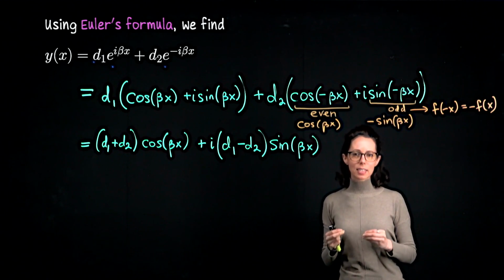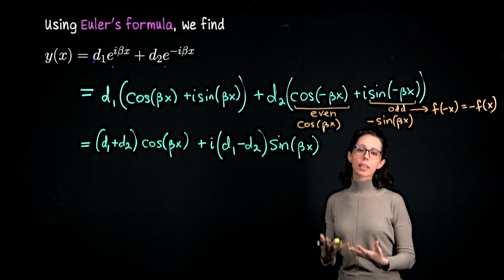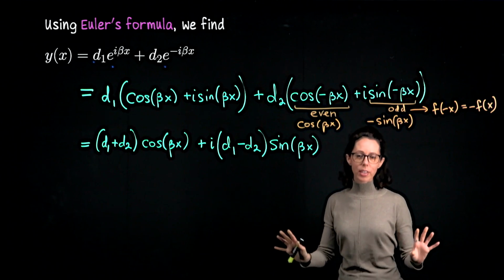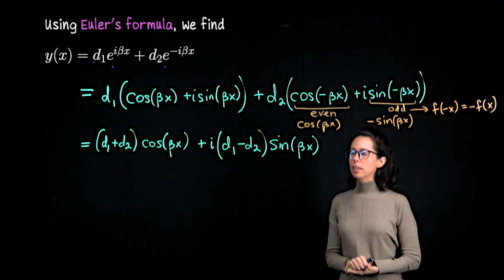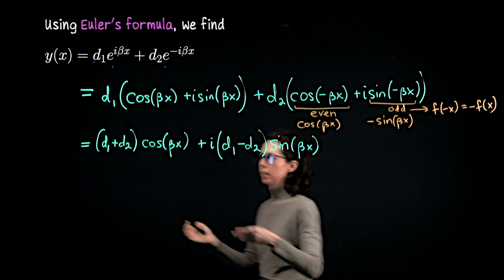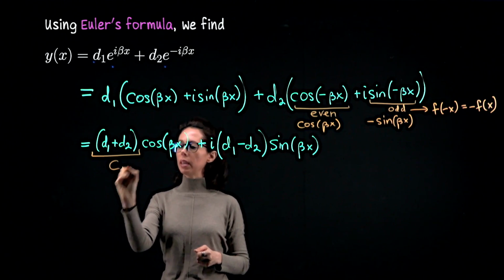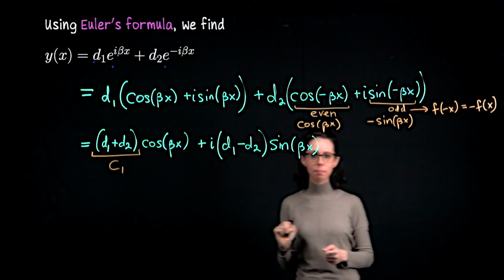However, what we would like to see are two solutions that look like real recognizable functions, and we want to take a linear combination of them and have everything just look real. So here is essentially a trick to get to that. I would like to take d1 plus d2 and just say, could this be thought of as a real number c1?